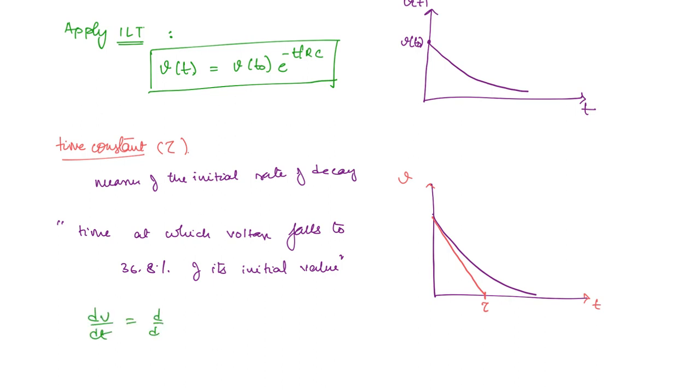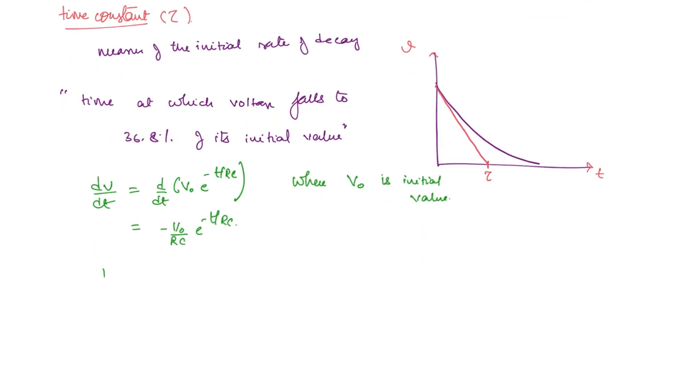This is d by dt of V naught e to the power minus t by RC, where V naught is the initial value. If you differentiate, you are going to get minus V naught by RC e to the power minus t by RC.